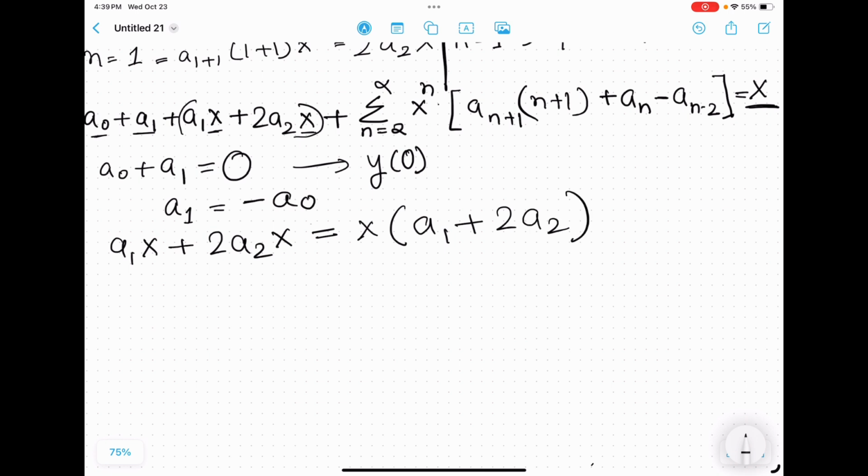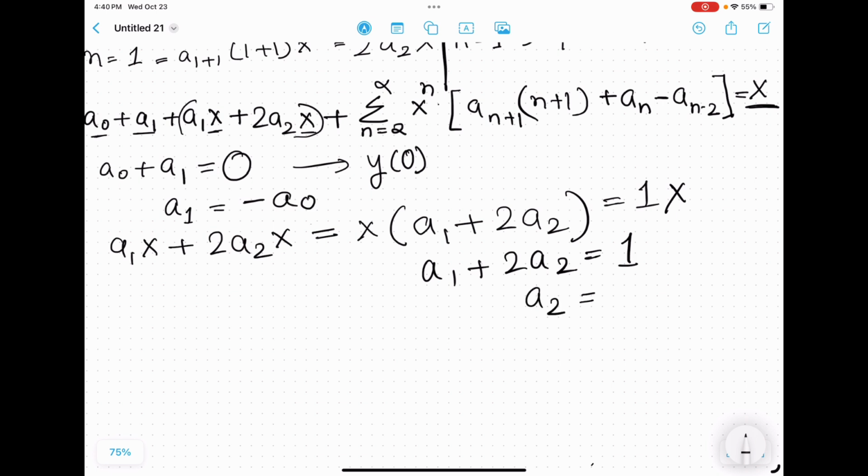So this is the coefficient for x when the power of x is 1. Now I'm going to look at my right side and see what the coefficient for x is, and I can see it's just 1x. So that means my a sub 1 plus 2a sub 2 is basically 1. Now I'm going to isolate my a sub 2.